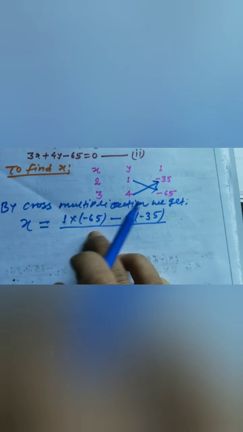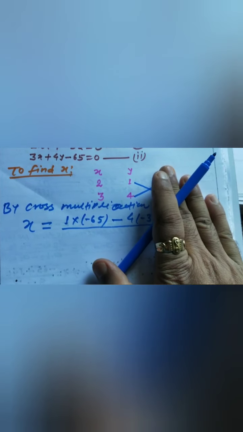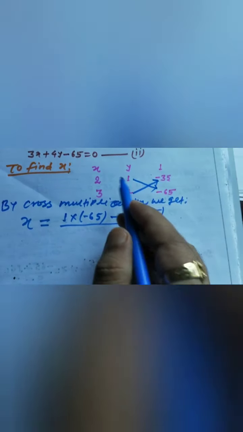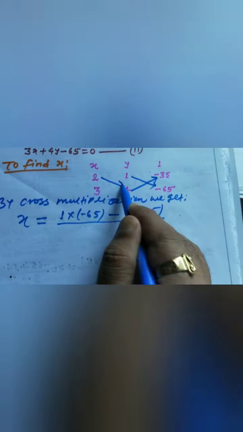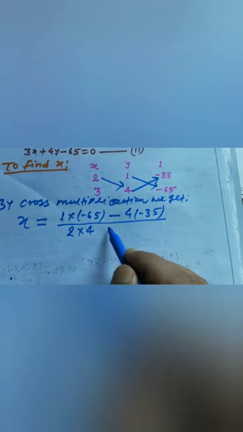And then in the denominator, now cover the constant terms. And then multiply 2 by 4, and the minus sign will be here, and 3 will be multiplied by 1.